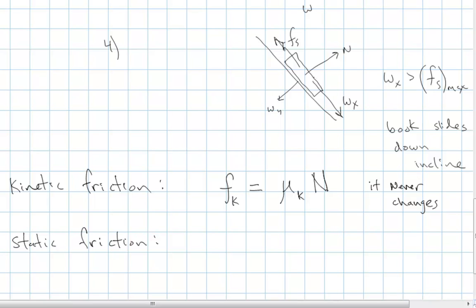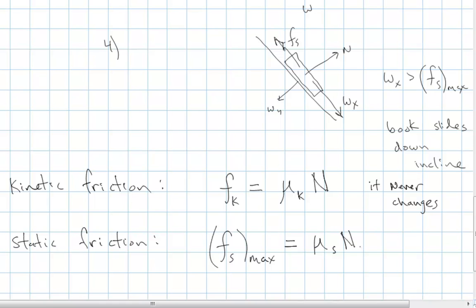And so we could figure out what it was. But we can't figure it out from a formula like this like we have for kinetic friction. But what we can figure out is the maximum.